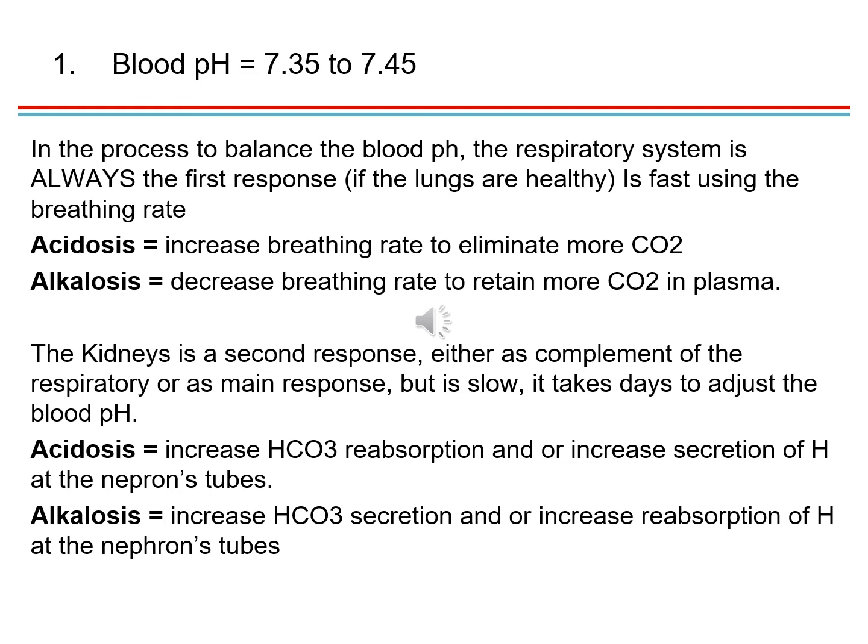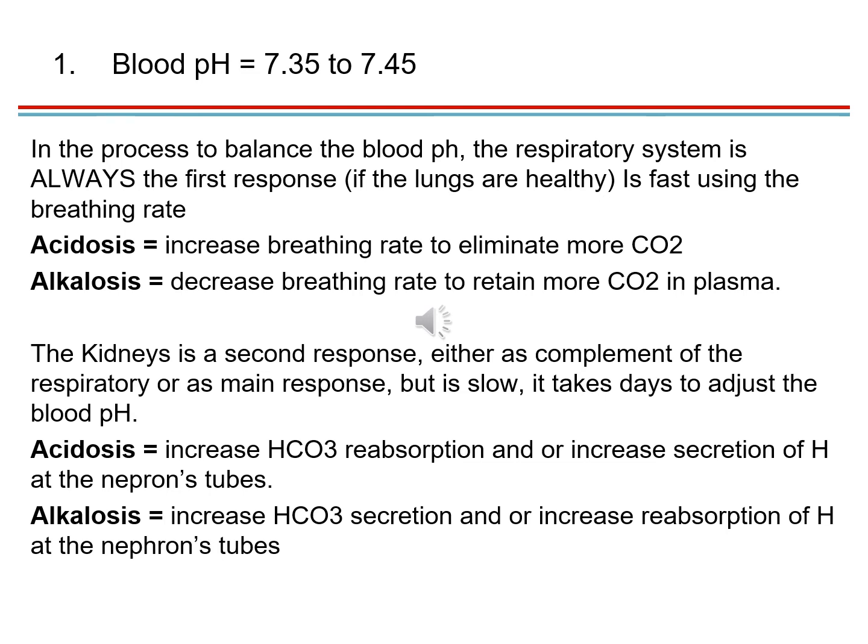Because remember, bicarbonate can absorb hydrogen ions. So by increasing the reabsorption from the renal tubes in the nephrons, we reabsorb bicarbonate and we keep it in our bloodstream. And that bicarbonate is the one that will absorb hydrogen ions. The other system that the nephrons are using is to increase the secretion of hydrogen. We don't want too much hydrogen in our bloodstream. We need to secrete it and eliminate it in urine.